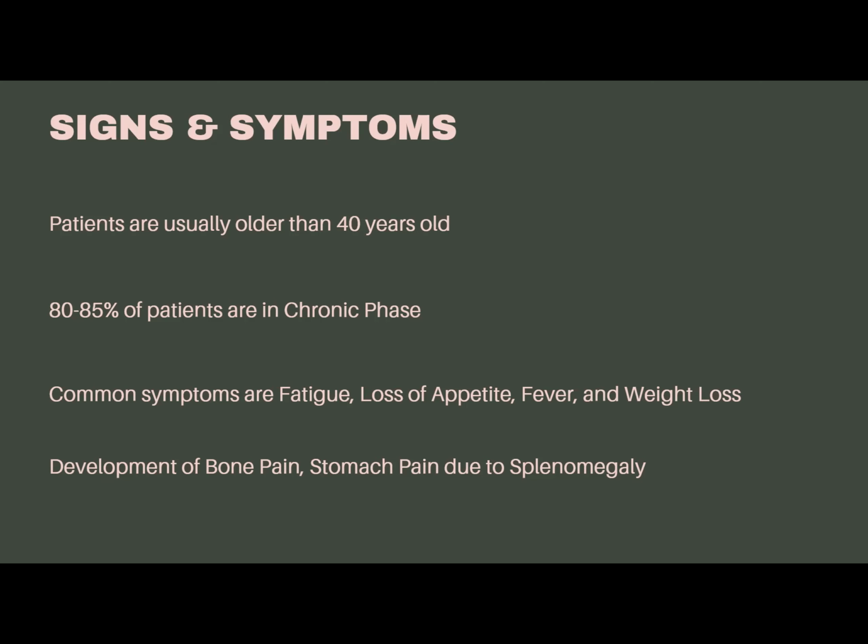Because you have a high elevated count of these more mature cells in chronic phase, and later on the less mature cells, these blood cells are going to start leaving the bone marrow and getting deposited in the spleen. This is why you're going to have this enlarged spleen, filled with these different blood cells that are not supposed to be there. And so you're going to have spleens that are like 15 centimeters big.